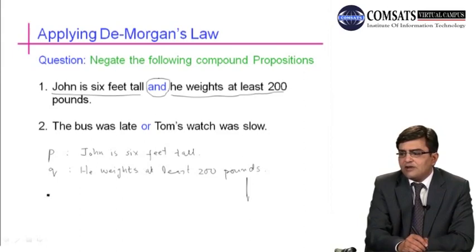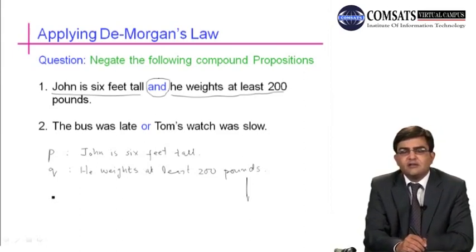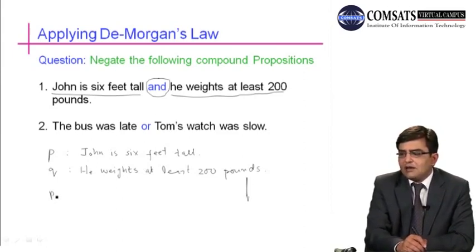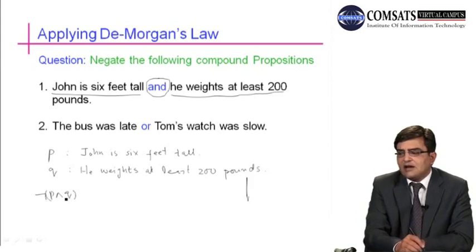Then we can write it in the logical form as P and Q. Now the negation of P and Q will be what? By using De Morgan's law, this must be equivalent to not P or not Q.